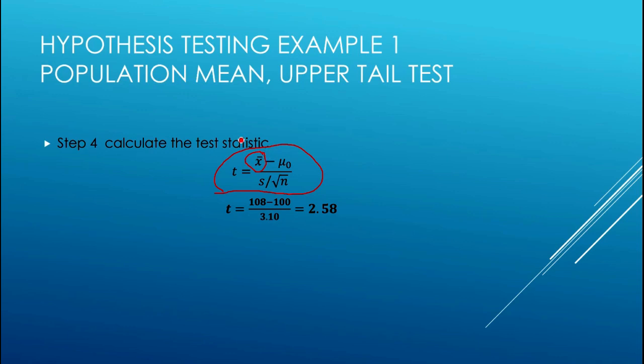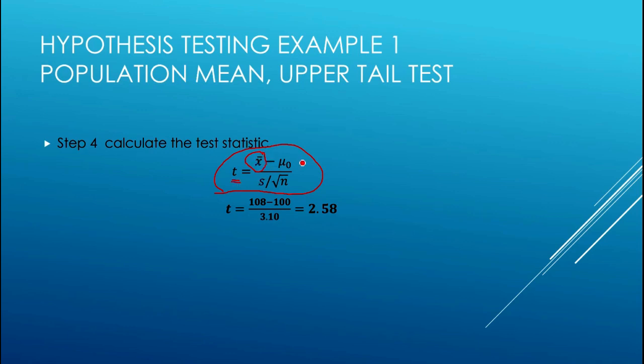In our case, that's 108. I'm taking the difference between 108 and my hypothesized value. If X bar is a lot bigger than my hypothesized value, then I'm going to get a really large t-statistic, and that's going to cast a lot of doubt on the null hypothesis, because getting that value of the t-statistic would be pretty unlikely if the null hypothesis were true. So I'm going to reject the null hypothesis in this case if t is really large.